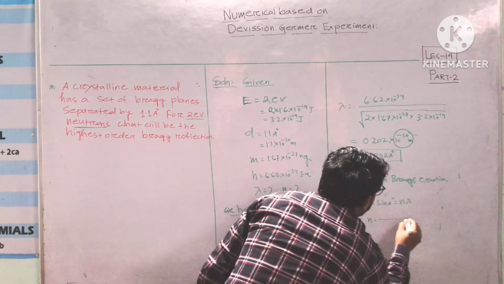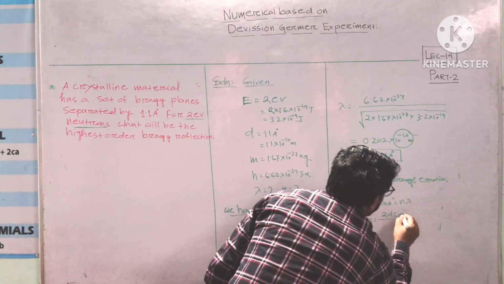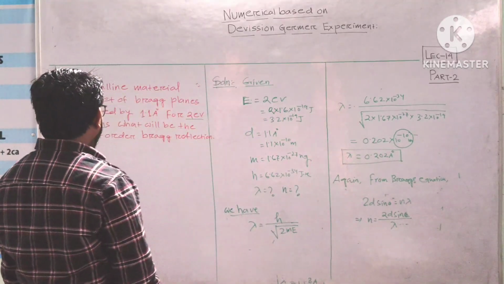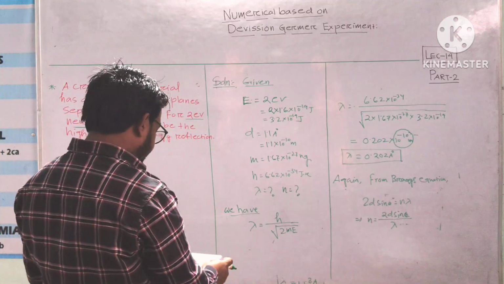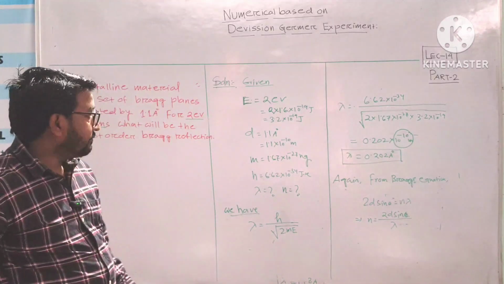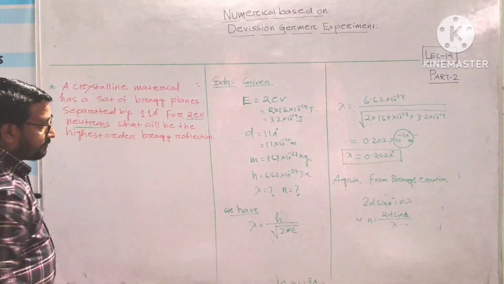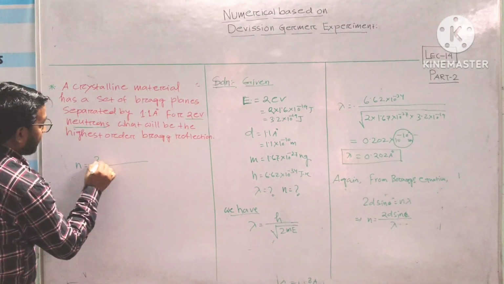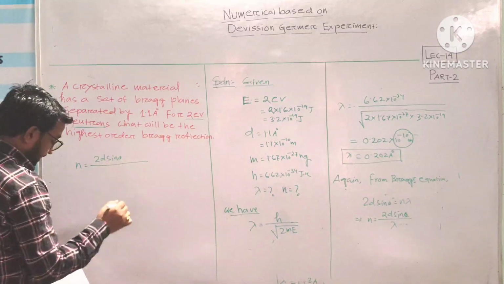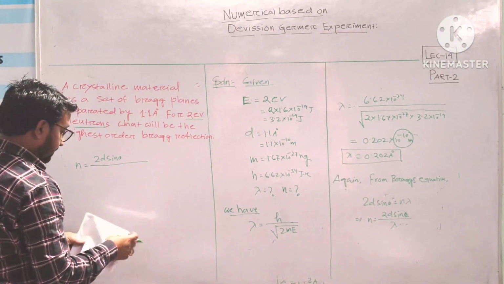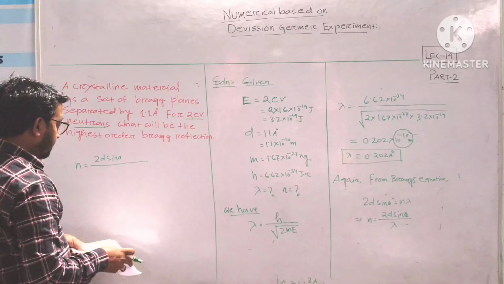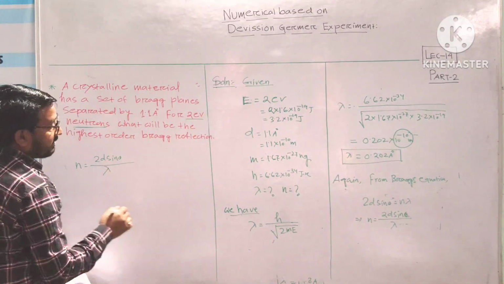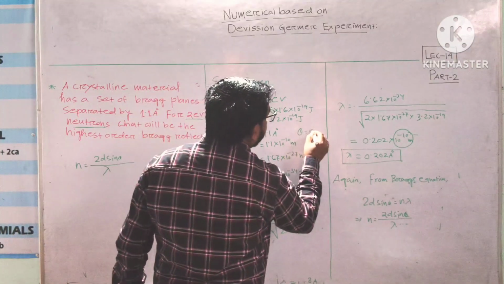So we can write n equal 2d sin theta divided by lambda. Now n equal 2d sin theta divided by lambda, where theta equal 90 degree.